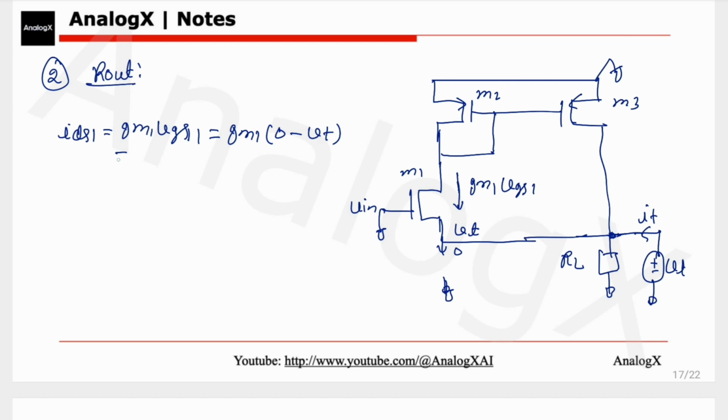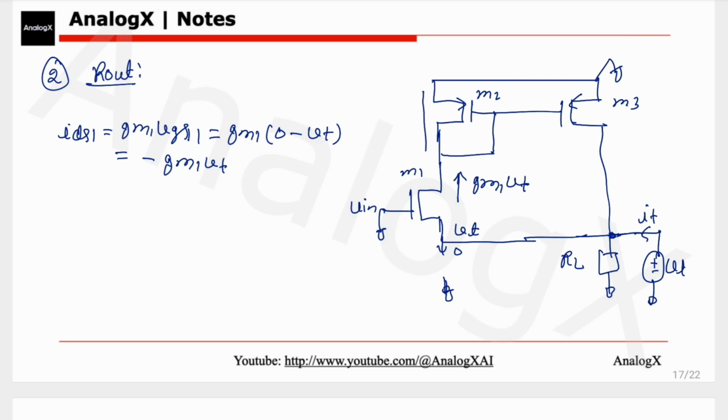So that is minus gm Vt. So it's flowing upward, so IDS is minus gm1 Vt, so ISD will be gm1 Vt.